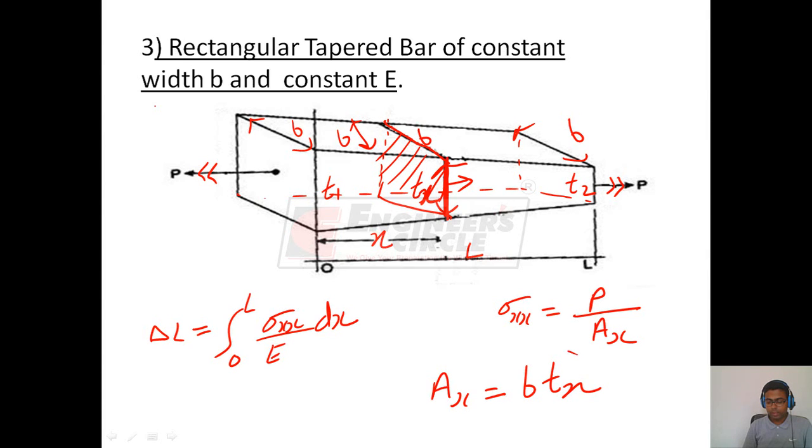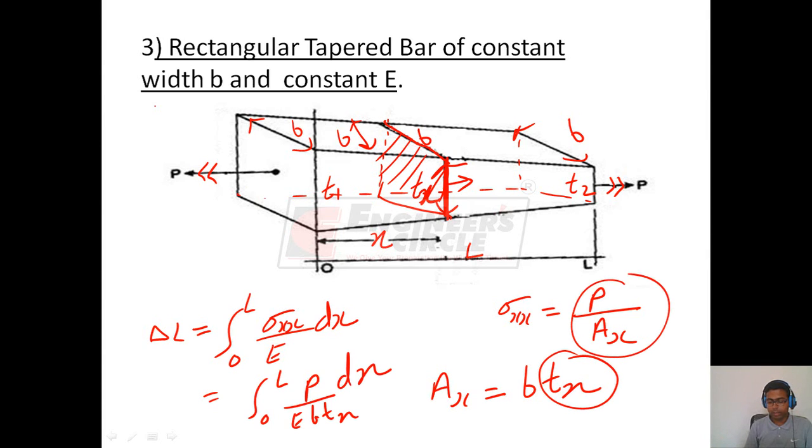So again we have to express Tx in terms of x to integrate this equation. Therefore we write integration 0 to L P by E B Tx into dx, because sigma xx is P by Ax and Ax can be written as B into Tx.